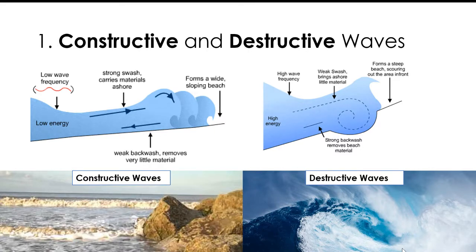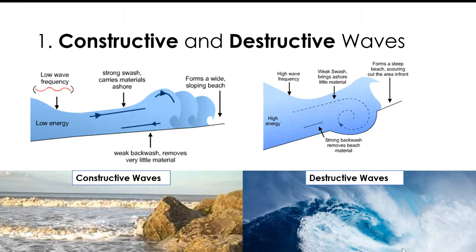So if we look at them quite simply at the bottom of this slide, we can see that the constructive waves are much smaller and they will almost spill onto the coastline, whereas those destructive waves are the much higher energy ones. That will be the result of either perhaps a storm or an area where you have got a long fetch, so a long distance over which that wind has blown to build up the wave before it crashes onto the coastline.